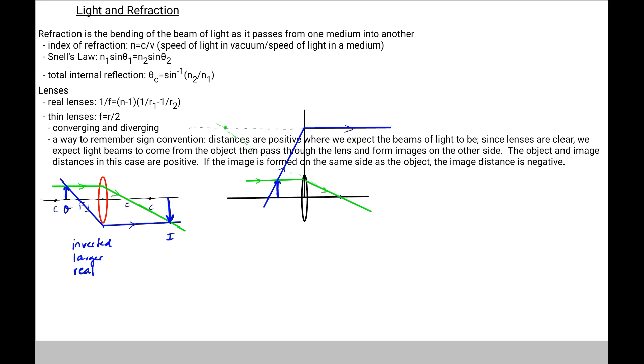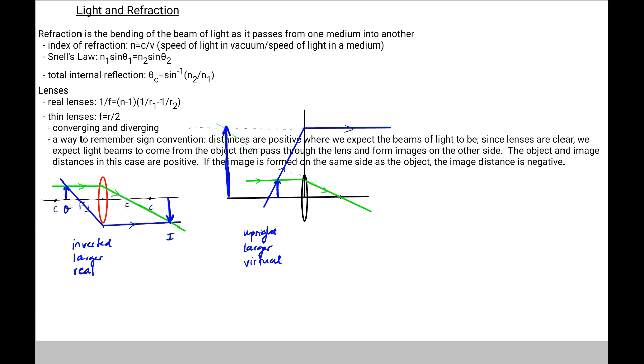So by my poor drawing, the refracted beams intersect at that point, which means that the image will be here. So what I can say about the image is that it's upright and it is larger and also virtual. We would expect a real image to form on the other side of the lens.